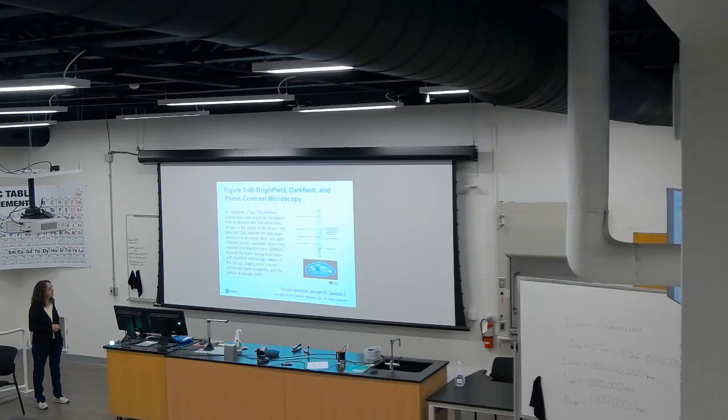So here we have a Paramecium species, this protozoan, now seen with this type of microscope, dark field. In this case, we have in the condenser lenses this opaque disc that blocks the rays of light that go in the middle.